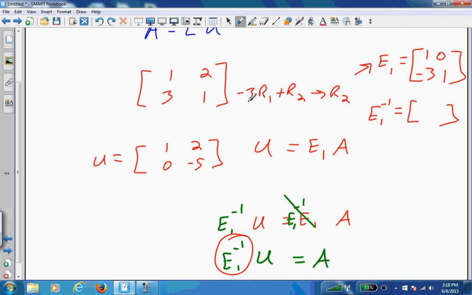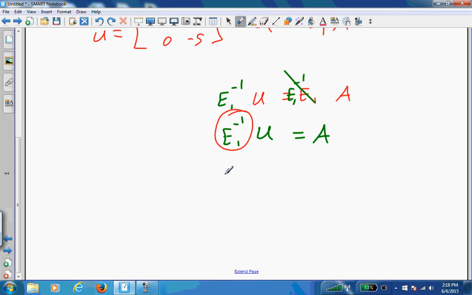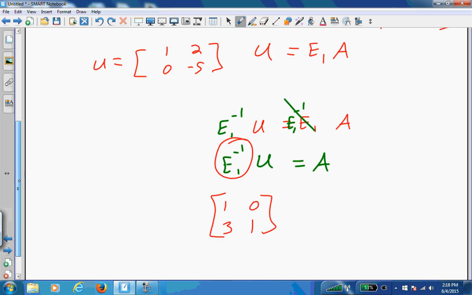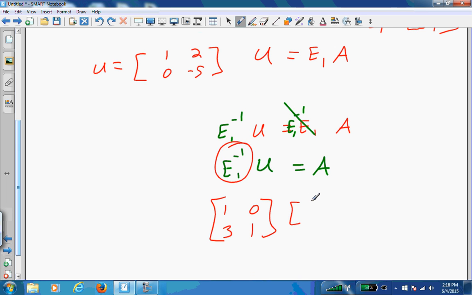The opposite of doing minus 3 times R1 would be to do positive 3 times R1. So that would be a positive 3 there. So 1, 0, 3, 1. That's our E1 inverse. Our upper was 1, 2, 0, negative 5.